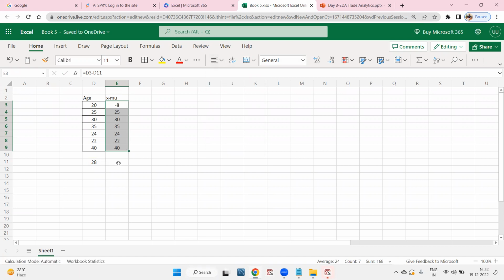When you do this, you get the result that the sum of x minus mu should be 0.